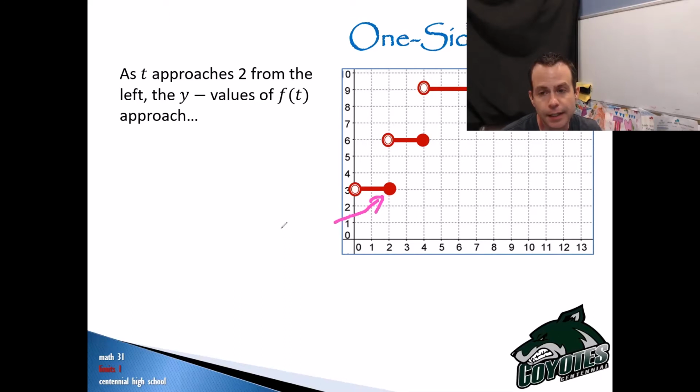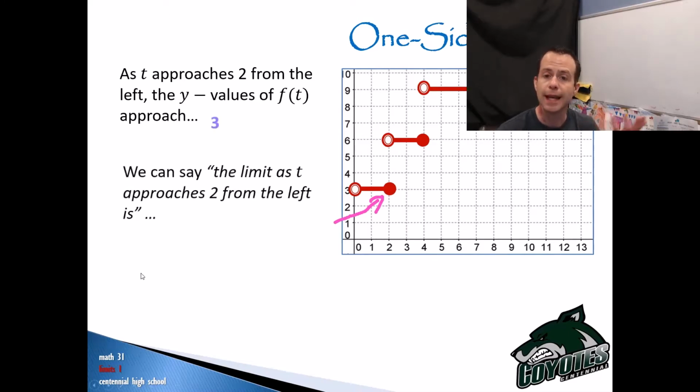As I approach 2 coming from the left, the y values are approaching 3. And so we say the limit as t approaches 2 from the left is 3. The limit refers to what number that scenario is approaching.